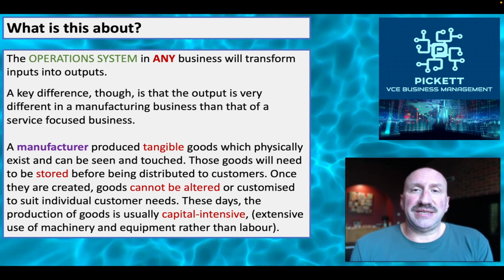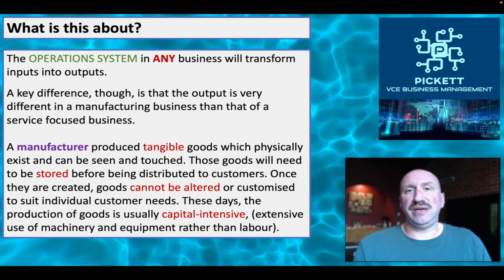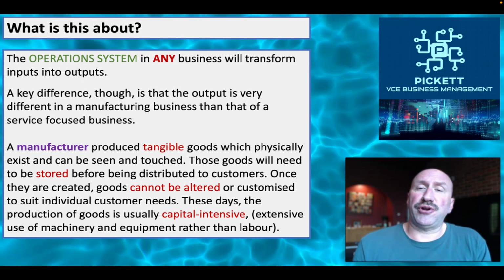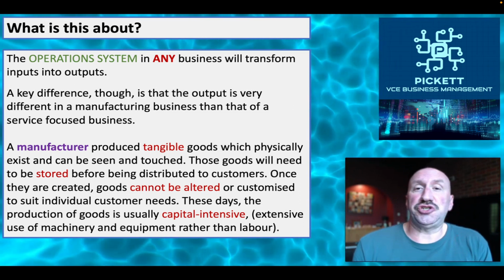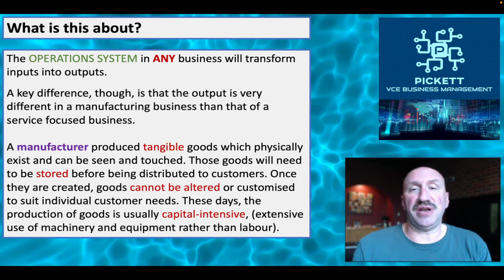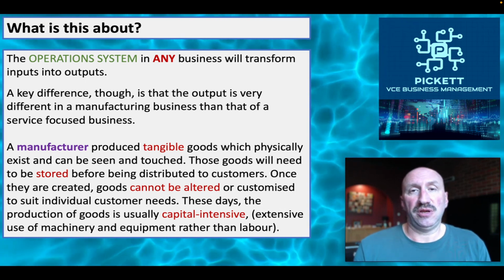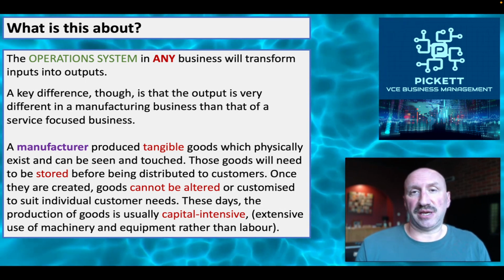Now, these days, as we've seen already, production of goods is generally capital intensive. In other words, there's extensive use of machinery and equipment rather than labor, meaning human effort.